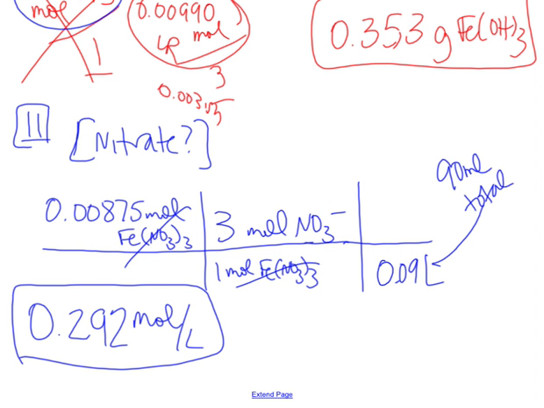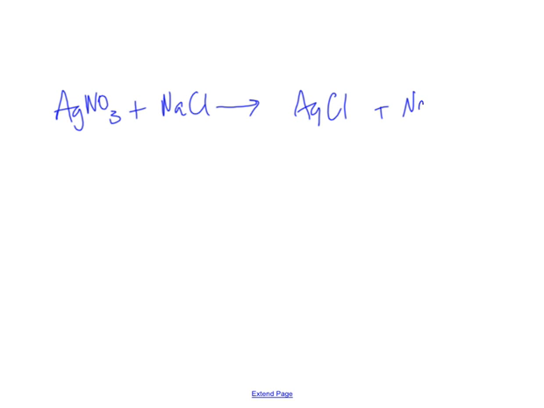Do we understand that? So finding concentrations of ions is pretty common, right? One thing just to note, when you get to your homework, there's homework problems where you're adding, let's say, silver nitrate plus sodium chloride gives you silver chloride plus sodium nitrate.